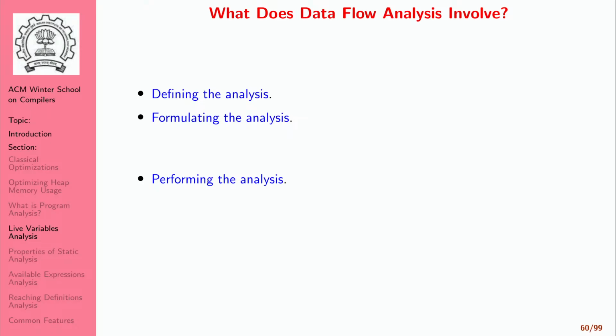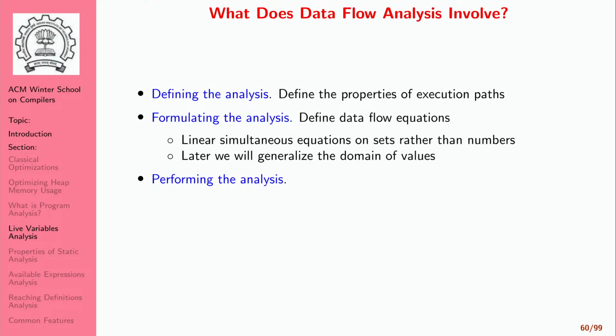Let's now step back a bit and understand what we have been doing. We have to formulate an analysis, give a formal definition, and then give a set of equations. So we formulate the analysis and then we perform the analysis. In order to define the analysis, we define the properties of execution paths, and we define the data flow equations, which are linear simultaneous equations on sets and not numbers.